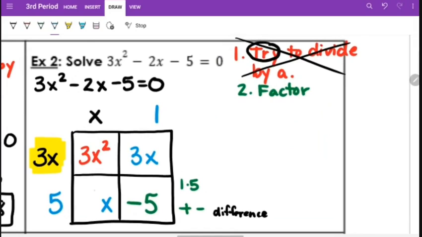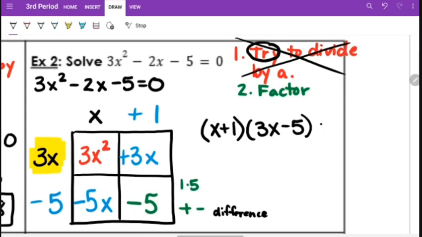All right, so the 5x has to be negative and the 3x has to be positive, which makes our 5 negative and our 1 positive. Now we can write this in factored form. x plus 1 times 3x minus 5 equals 0. And we need to solve this for x.